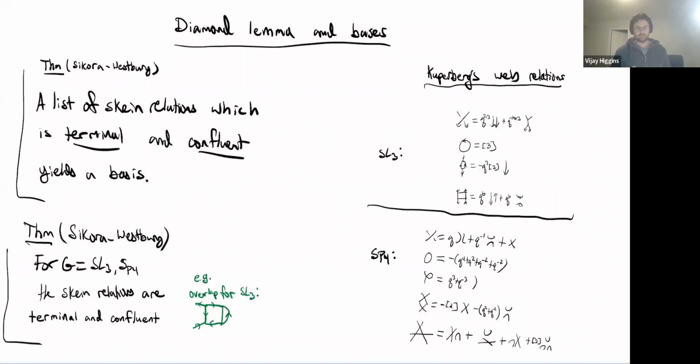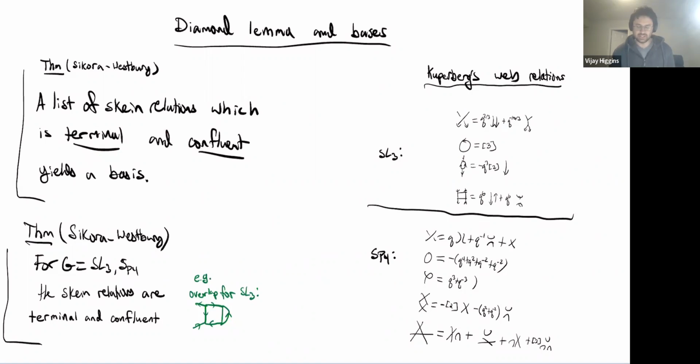Right. And so to study the splitting maps and prove things about them, we want bases for the skein algebras. And Sikora and Westbury developed a method of constructing bases in certain cases. And that's where the list of skein relations is terminal and confluent.